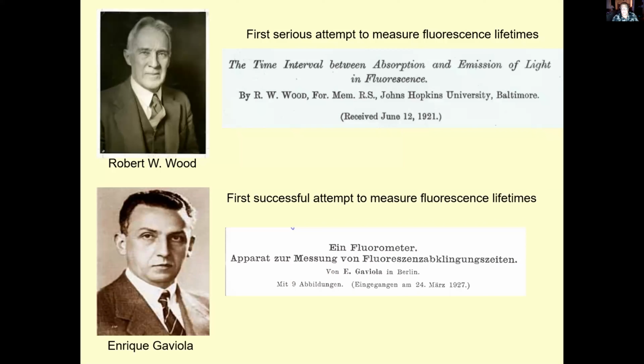And he wrote this paper, Ein Fluorometer, for measuring the lifetime. And that's why, actually, Gregorio Weber explained to me, when you're talking about an instrument to measure lifetimes, you call it a fluorometer with an O. If it's an instrument to measure spectra, you call it fluorimeter with an I. So that's really the origin of the difference.